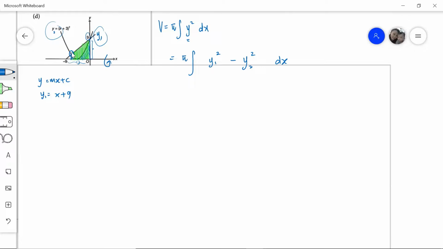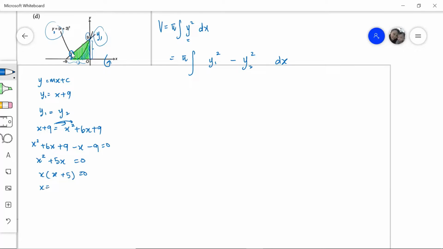So this is where y1 equals y2. So y1 is x plus 9, y2 is x squared plus 6x plus 9. Bring everything over: x squared plus 6x plus 9 minus x minus 9 equals 0. So we have x squared plus 5x equals 0. So x times x plus 5 equals 0.